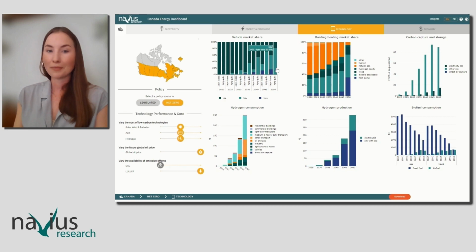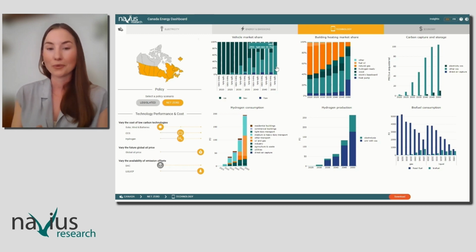And we see 81% of light duty vehicles are electric in 2050. And this increases further to 89% in 2050 in a scenario with low solar, wind, and battery costs, because electricity production is less costly and therefore the cost of electrifying transport becomes more competitive.